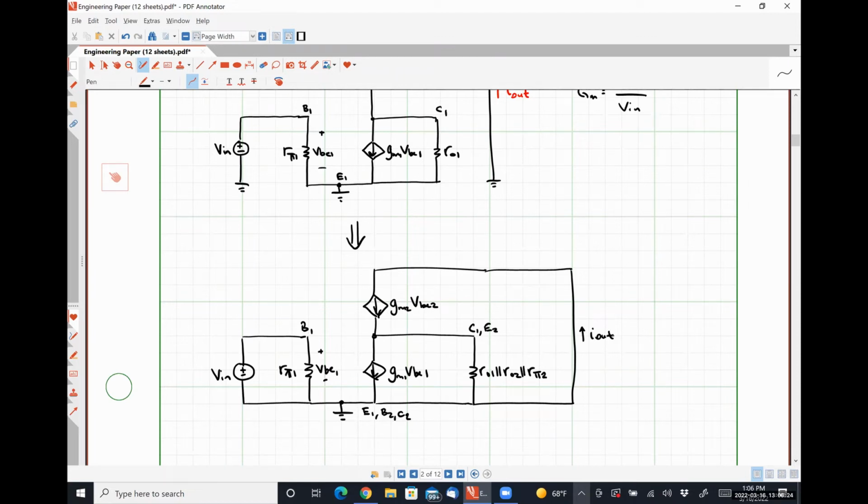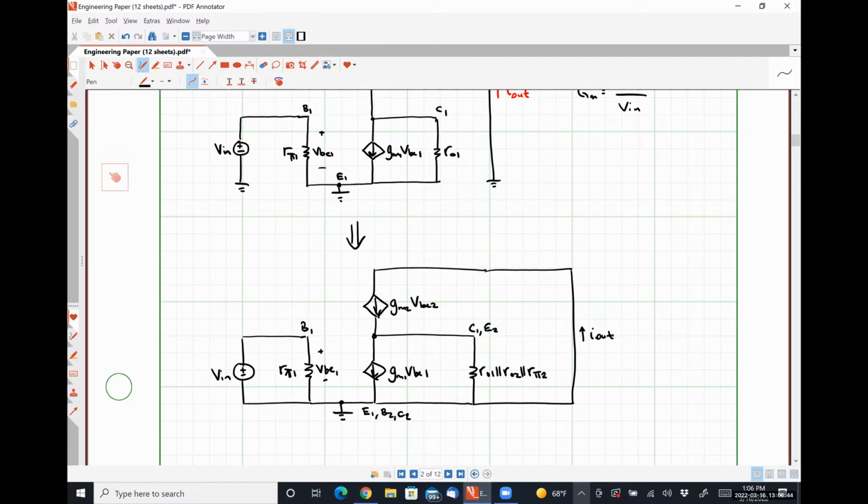So let's start with the easiest question. Is this the same as what I had previously done? The only thing that I'm missing here is the quantity VBE2, right?